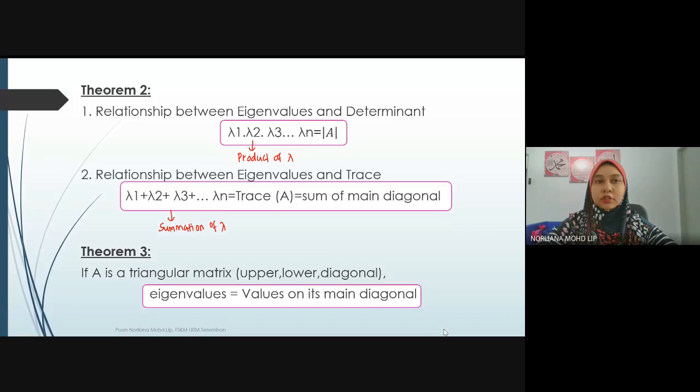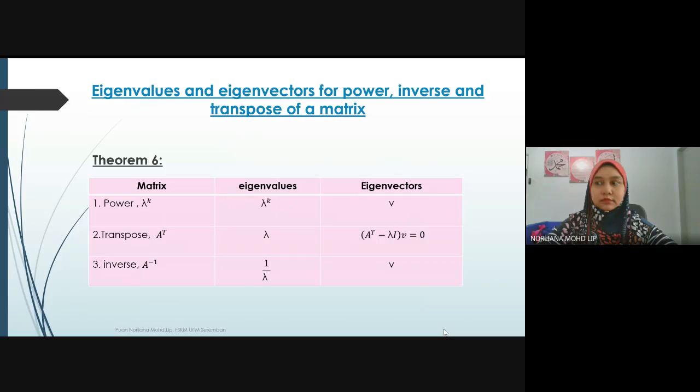And also theorem 2, the relationship between eigenvalues and determinant, and the relationship between eigenvalues and the trace. And also theorem 3, how to find the eigenvalues for a triangular matrix. Let's stop here. Okay, so we continue.